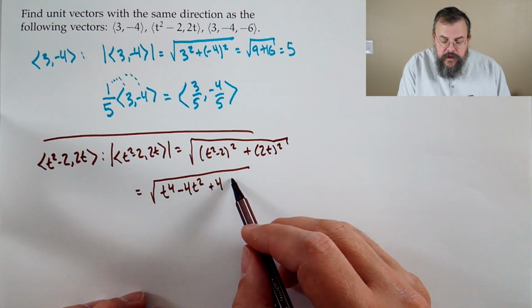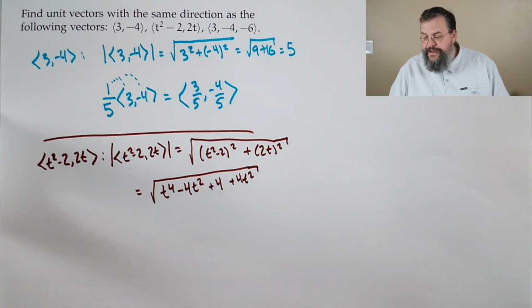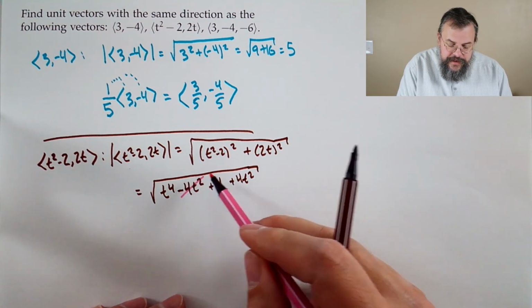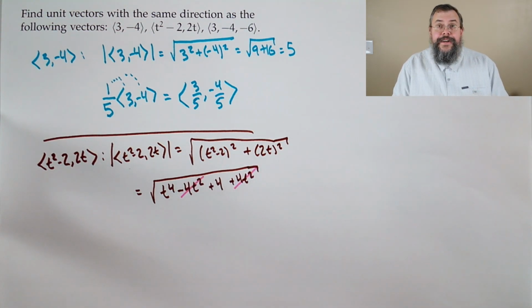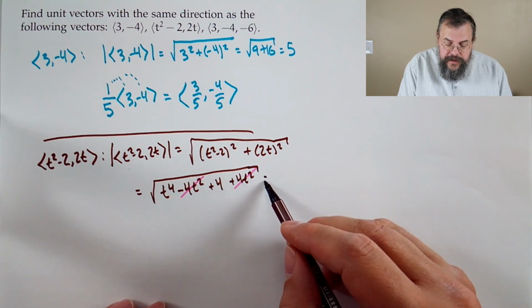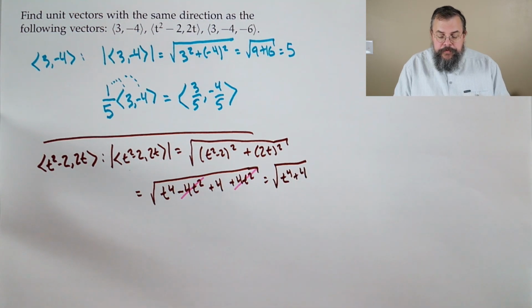Square this term, 4t squared. And now we're like, oh, something nice happened here. You see, the 4t squareds cancel out. Hey, beautiful. So what we have is the square root of t to the fourth plus 4.